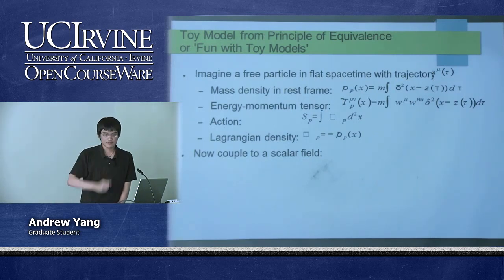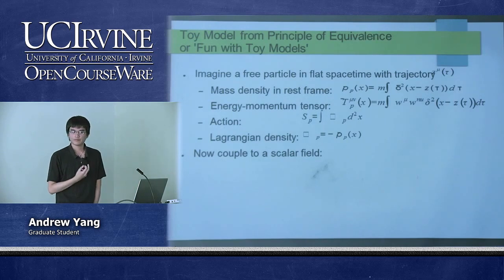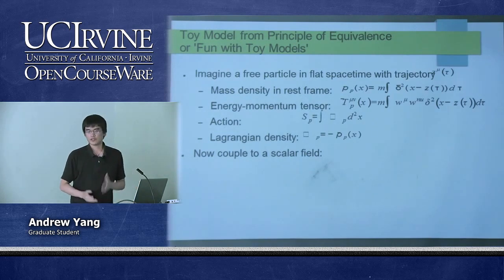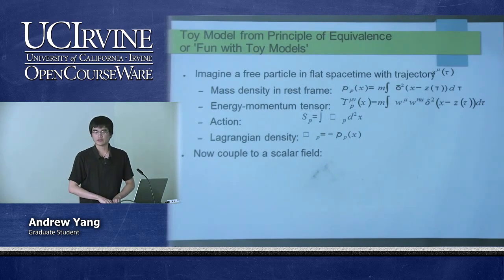So now we can consider that we can describe the effects of gravity as a field. So we can couple this to a scalar field. And we don't want to make any assumptions, so we can couple this to an arbitrary scalar field.